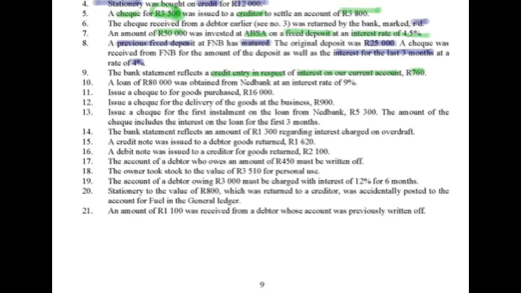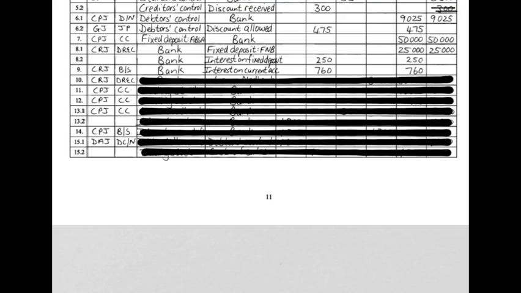Number 10, the loan of 80,000 was obtained from Nedbank at an interest rate of 9%. Now again, the interest rate is not important right now. The loan that we are getting is what needs to be recorded first. So when a loan is obtained, a loan is created in my books as a liability.